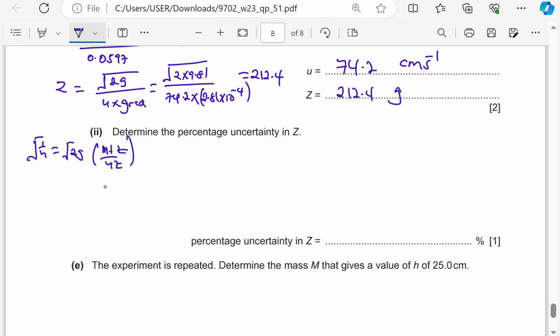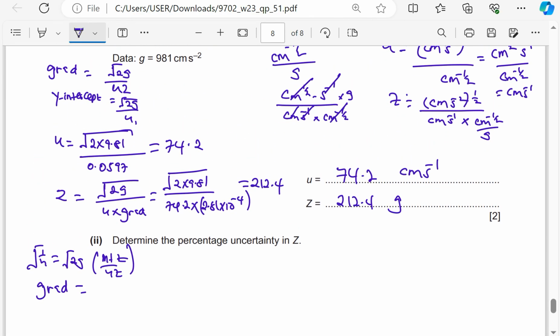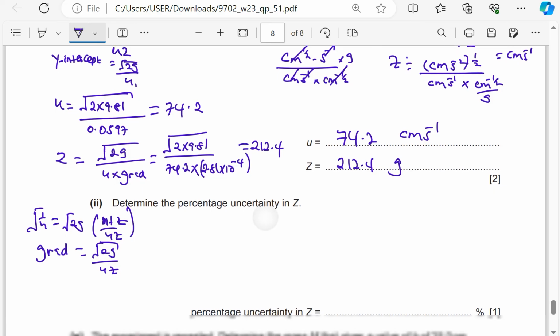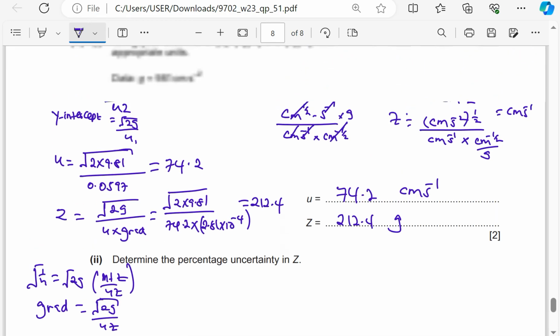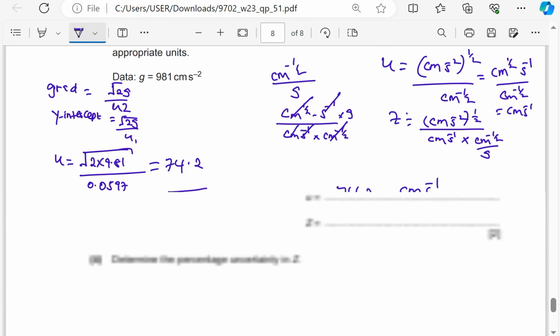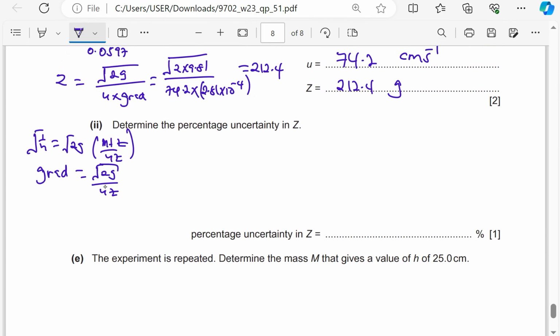So the gradient was equal to the square root of 2g divided by u times z. Okay, u has an uncertainty. So it will be the absolute uncertainty in u plus the absolute uncertainty in the gradient.